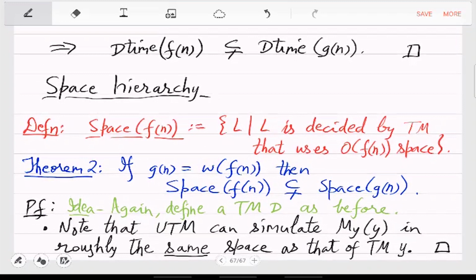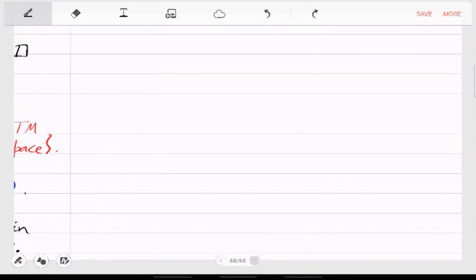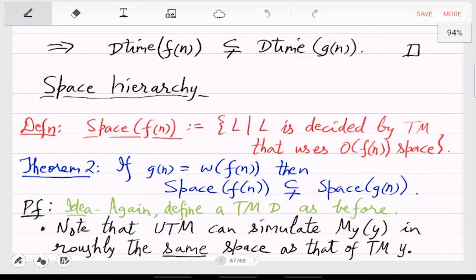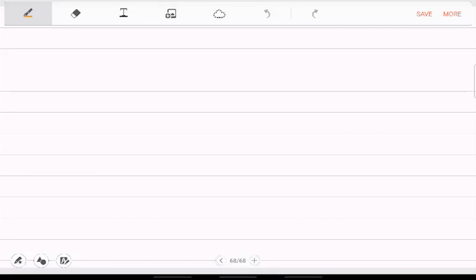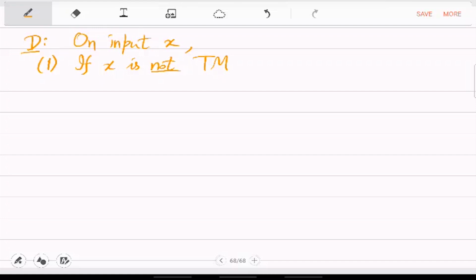So let me maybe write down at least the descriptor. So D is same as before. On input X, if X is not a Turing machine, output 0.